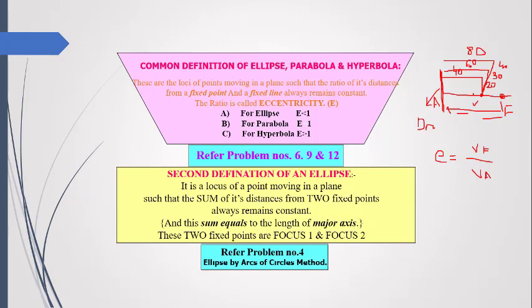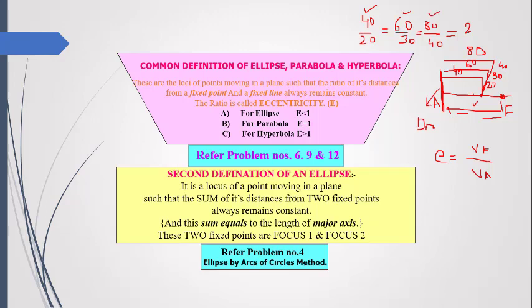So here you can see that 40 divided by 20 equals 60 divided by 30, equals 80 divided by 40. All of them will give us the same value, that is 2. So the ratio coming from all of these positions will be the same. So this is known as eccentricity.